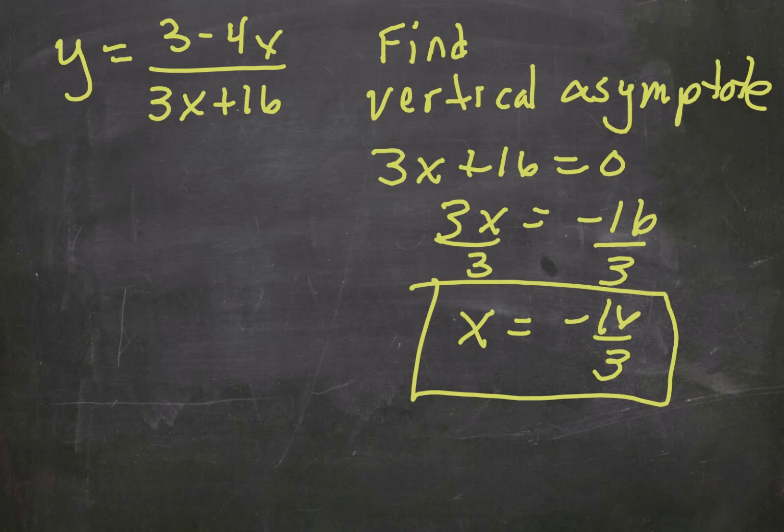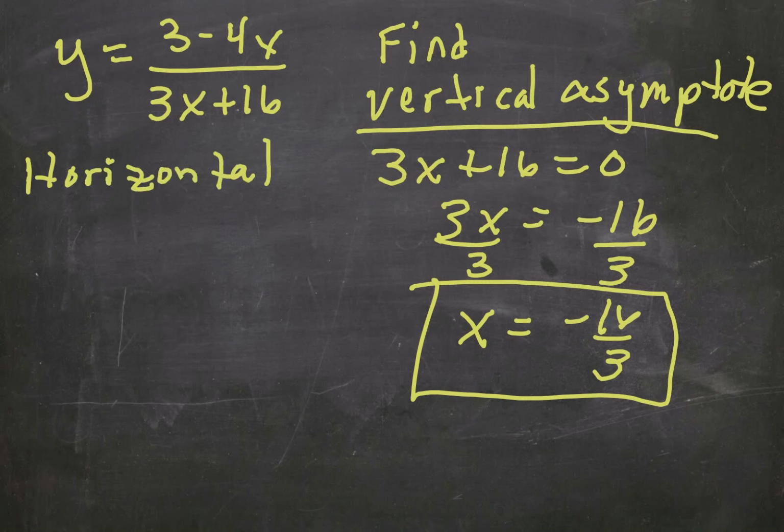The next thing we're going to look for is the horizontal. Okay, so we found the vertical, and now we want to look for the horizontal asymptote, if it has one. And this one does. You always look at the exponents of your variables.